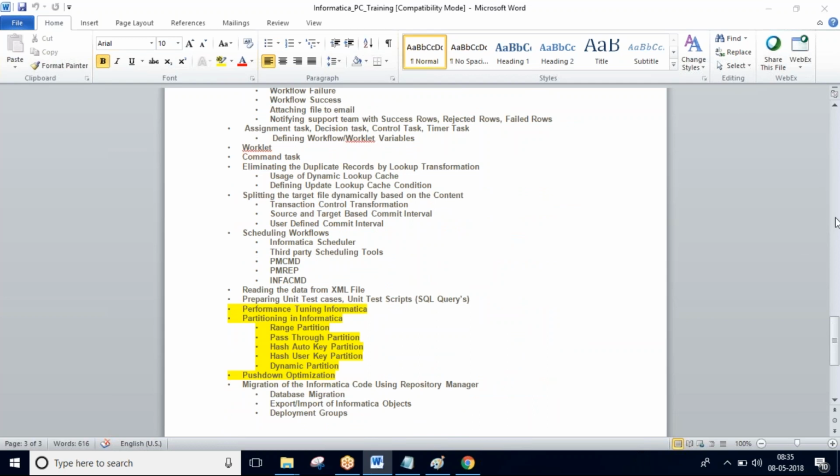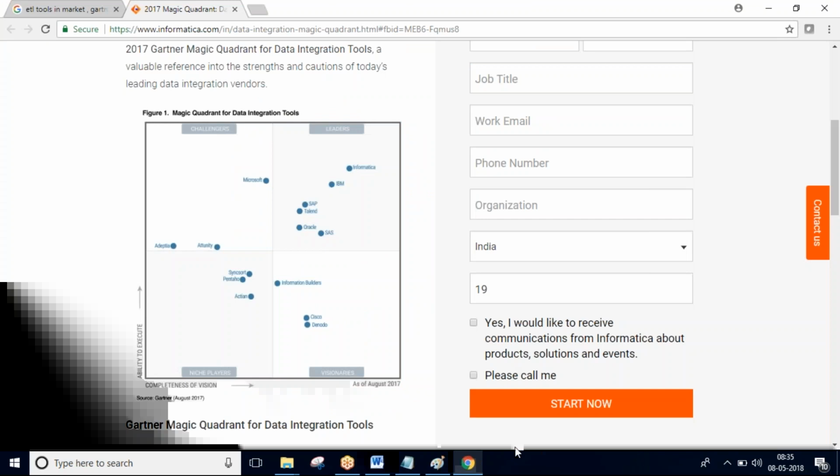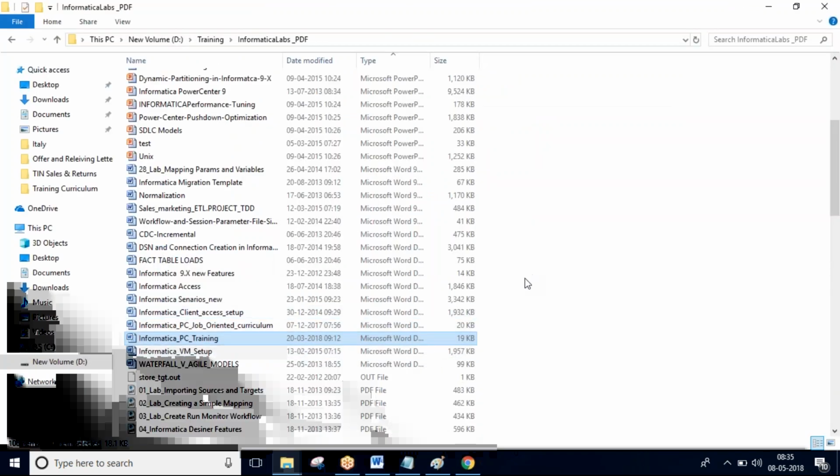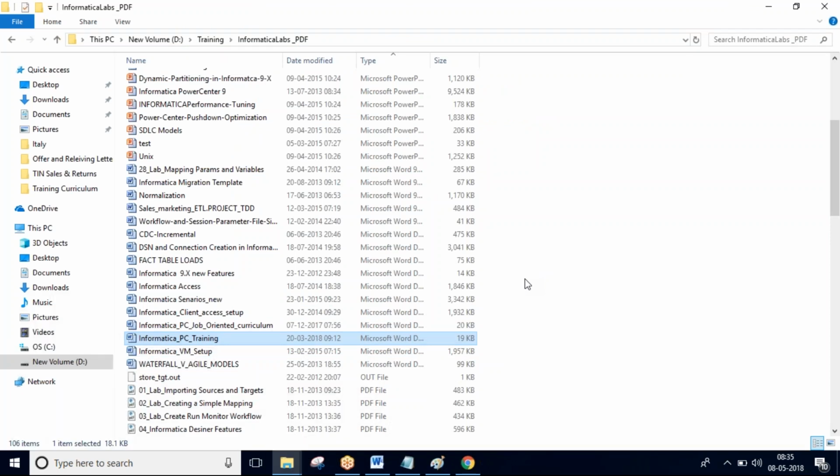Sri, go ahead. Do you explain the concepts of XML transformation, SQL transformation and Normalizer, everything? Normalizer will be covered. SQL transformation is not covered, but it's already there in the hands-on guide, so you can use that and practice it. Can't we cover SQL transformation? No, that's what we defined as the syllabus.